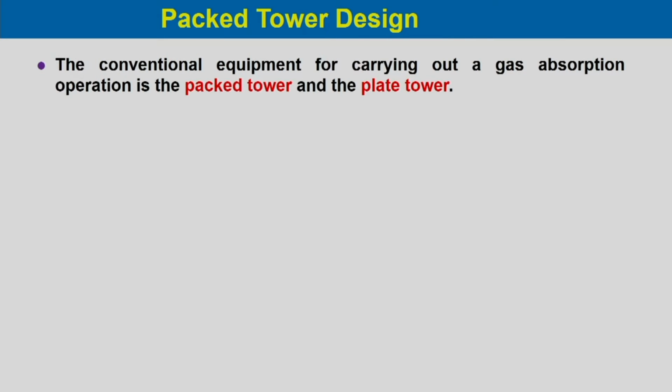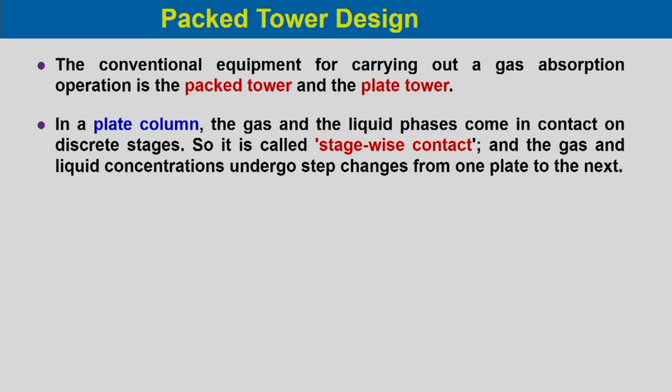The conventional equipment for carrying out gas absorption operation is the packed tower and the plate tower that we have already discussed. And we have seen that in a plate column the gas and the liquid phases come in contact in discrete stages. So, it is called stage wise contact. That means the liquid flows from the top through different trays and exits at the bottom, and the gas enters at the bottom and exits at the top.